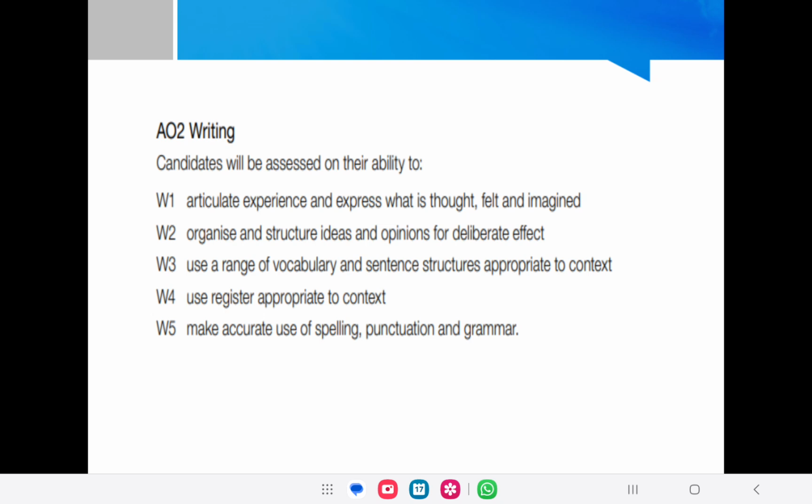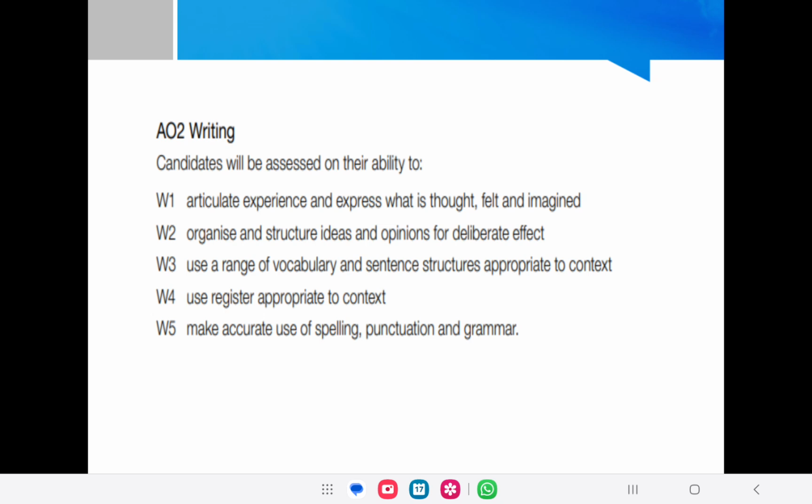Candidates will be assessed on their ability to, writing objective number 1: articulate experience and express what is thought, felt and imagined. Articulate means to express clearly. Writing 2: organize and structure ideas and opinions for deliberate effect.